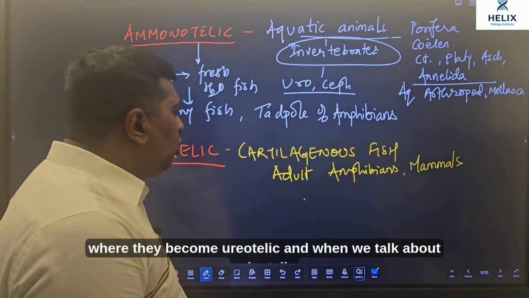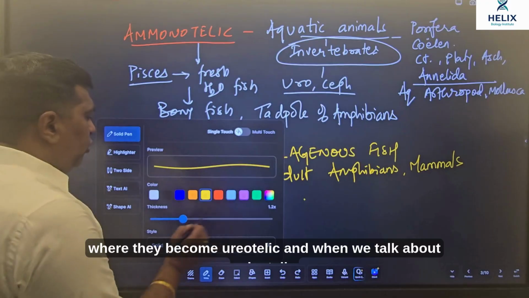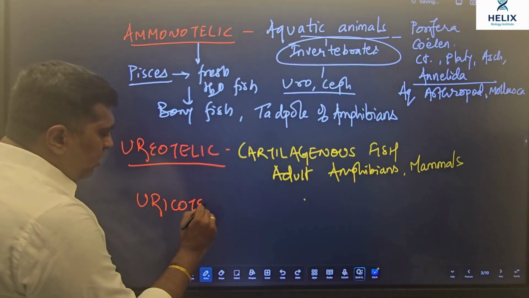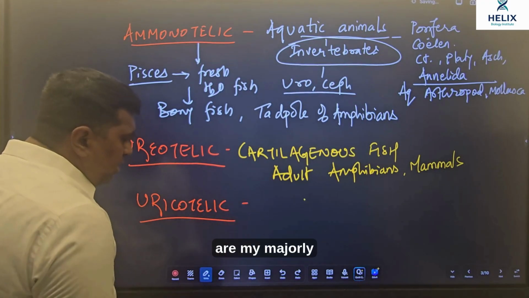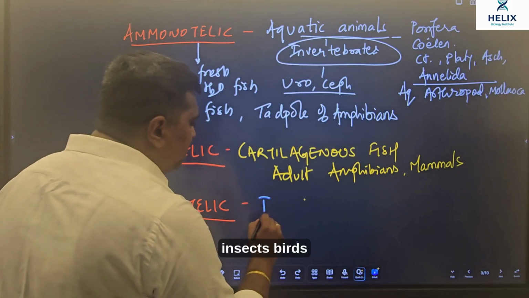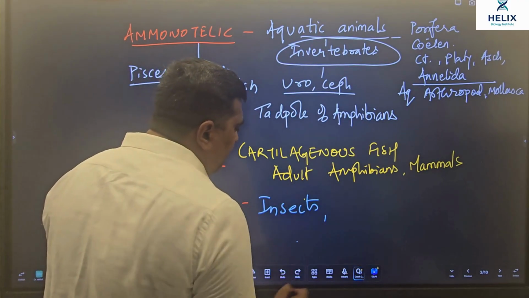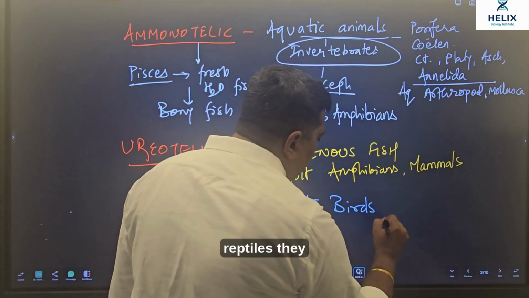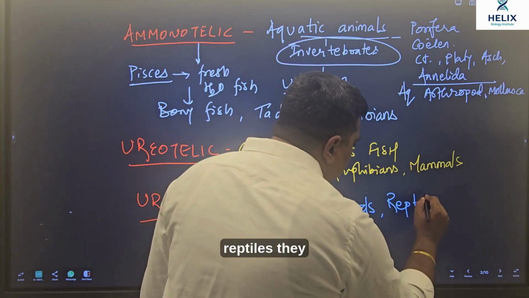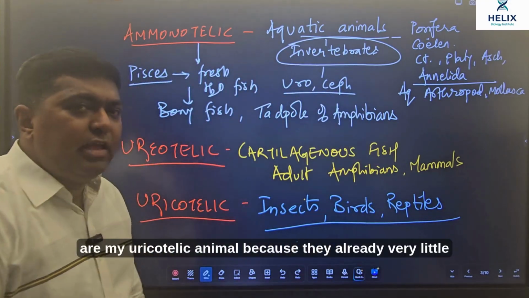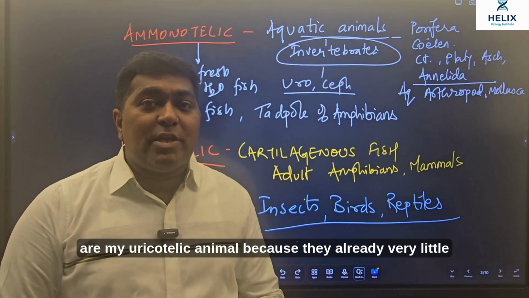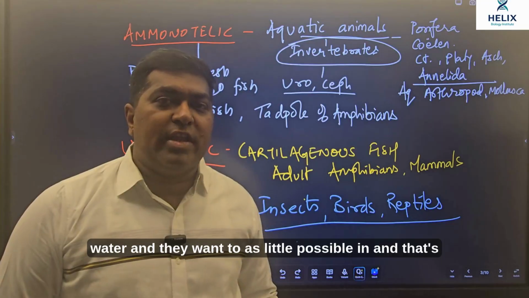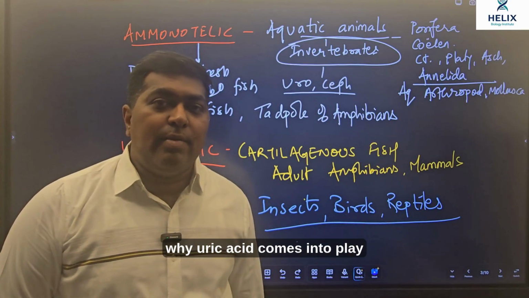That's where they become ureotelic. And when we talk about uricotelic, they are my majorly insects, birds, reptiles. They are my uricotelic animals because उनके पास water already बहुत कम है और वो elimination में कम से कम use करना चाहेंगे, and that's where uric acid comes into play.